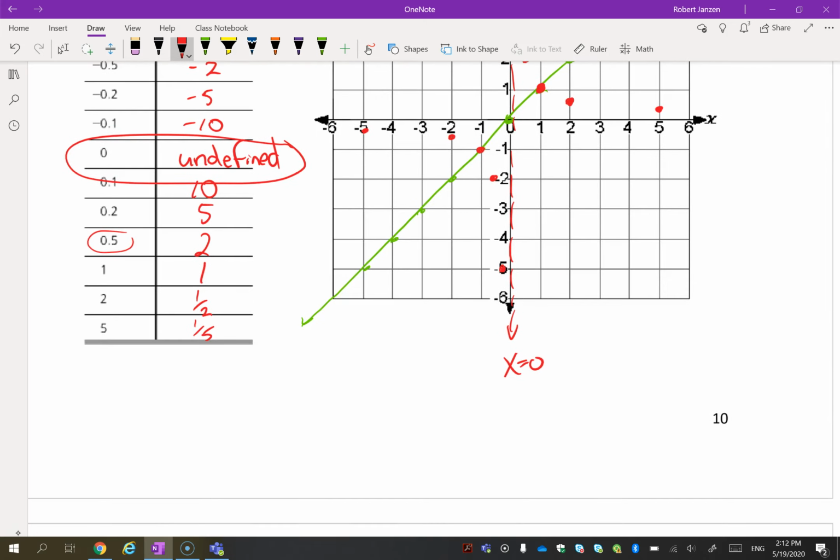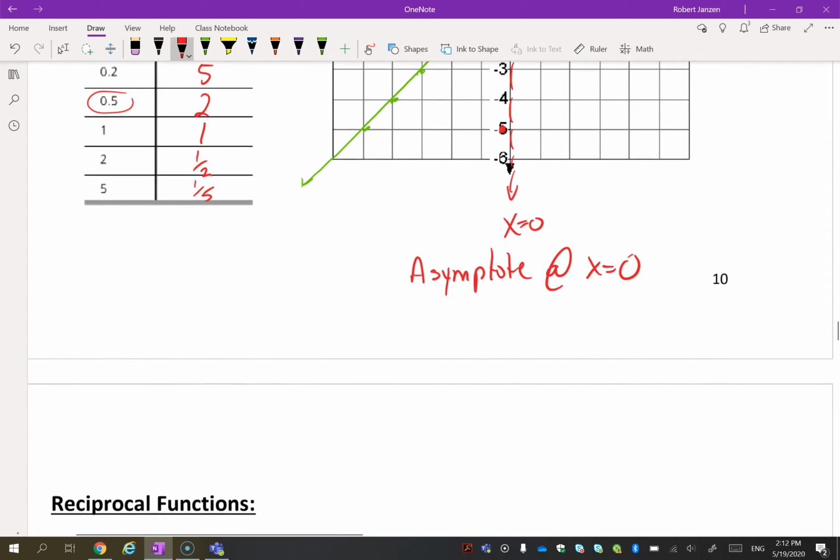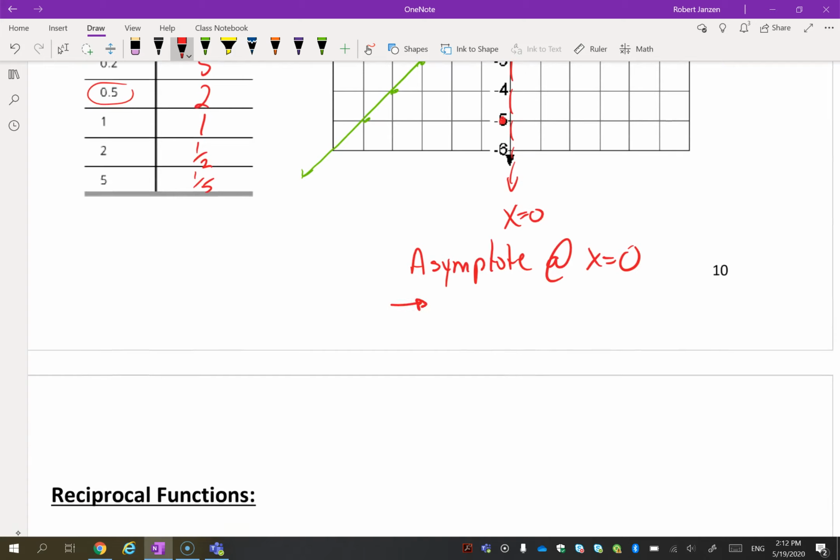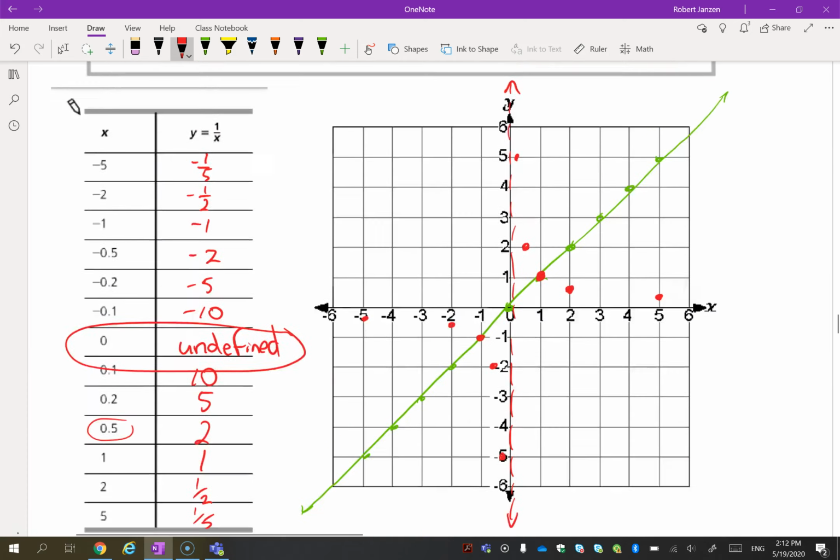Let me just write some of this. We have an asymptote at x equals 0. Why is that? Because x cannot be 0. That's the first reason. This also tells me what happens as x approaches 0. As it gets closer to 0, what happens? Let's take a look at the graph.